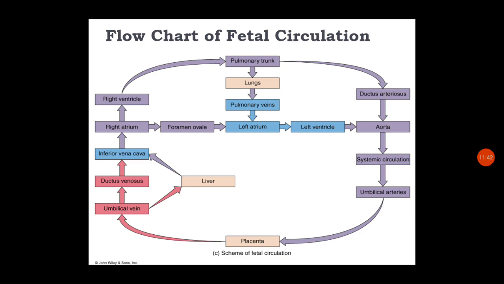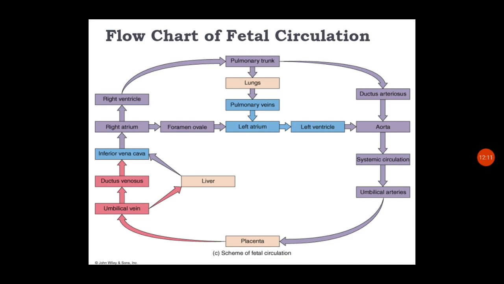So here from the placenta up to the ductus venosus, the color is red, and after that it gets mixed, because the inferior vena cava is already carrying impure blood from the lower part, and from the ductus venosus it will be mixed with the blood that is coming in the inferior vena cava.